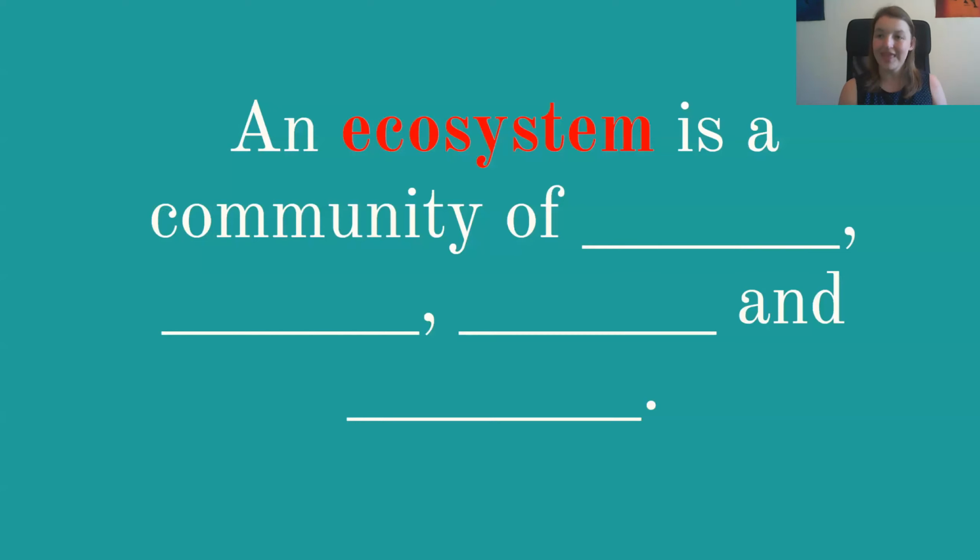So, now that you've done your list of a rainforest ecosystem, let's get you defining what an ecosystem is. What is an ecosystem? An ecosystem is a community or group of.